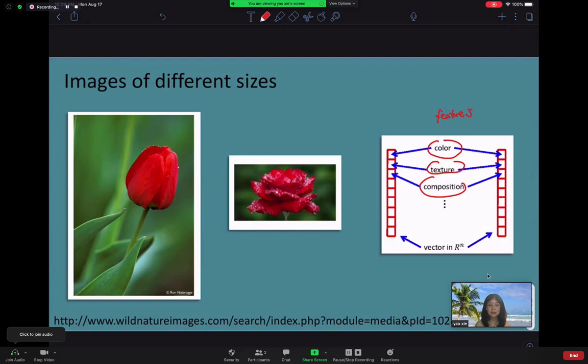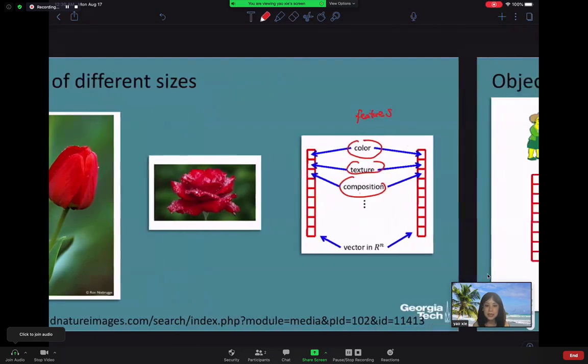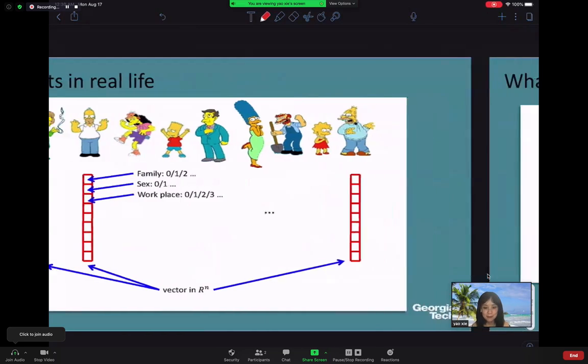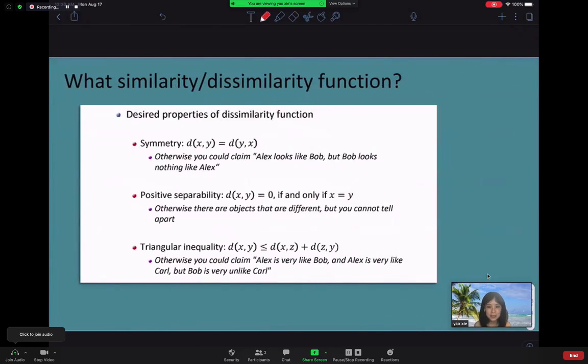So this way you can define a more abstract way of representing your data. And for objects in real life, you can also define features, for example, in terms of their family, gender, working place, age, preference, and so on. You have many different ways to define your features for Simpson's family, and this is going to end up giving you a vector.